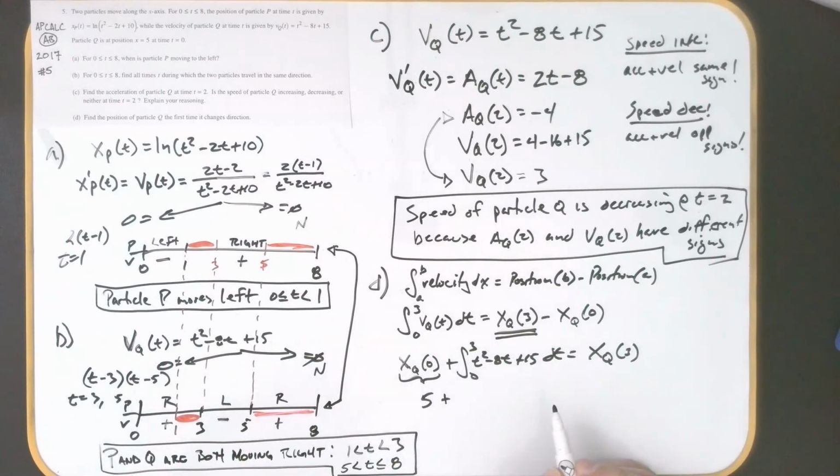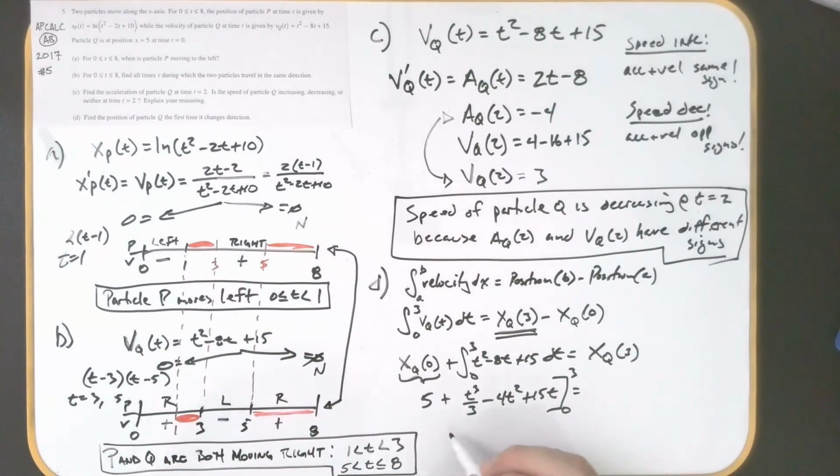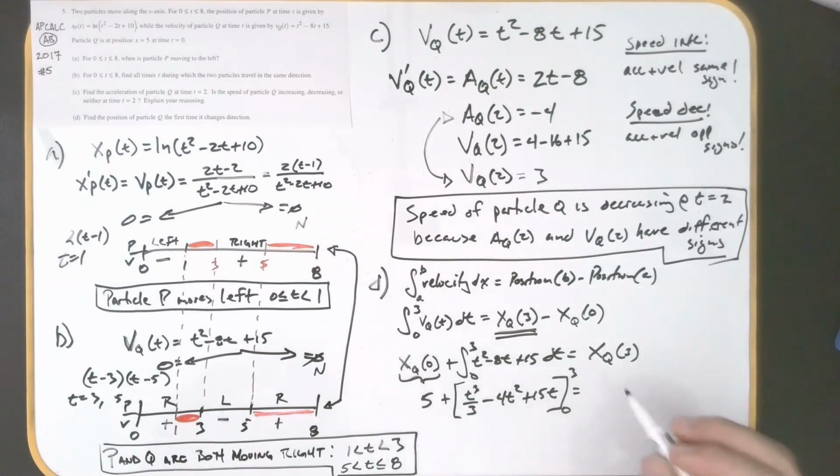So 5 plus the integral of this, a very friendly integral. We get t cubed over 3 minus 8t squared over 2, which is minus 4t squared, plus 15t, and we evaluate that from 0 to 3. I'm going to drop the 5 down here and add it to our final work. Just this integral piece, I'm going to put a bracket around to keep it separate.